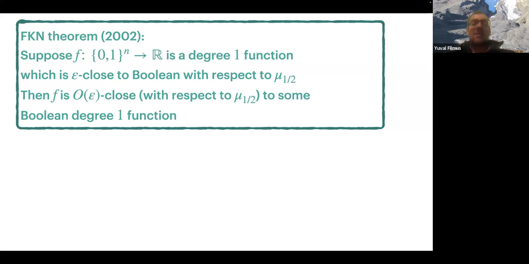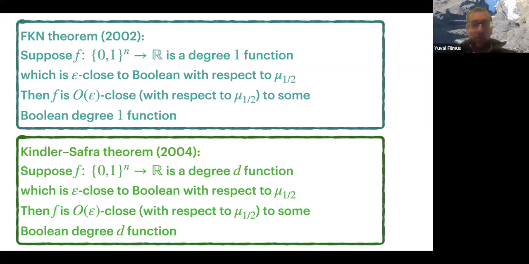Okay, so the crowd is a bit slow today. So you would expect that if f is a degree d function, let's say a degree 10 function, which is epsilon close to Boolean, then it's order epsilon close to some Boolean degree 10 function. And this was indeed proved by Kindler and Safra in 2004. It is exactly what I just said.